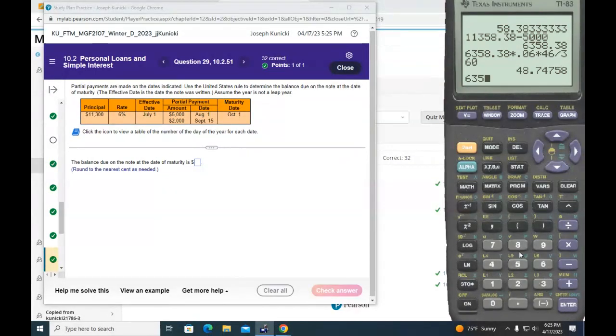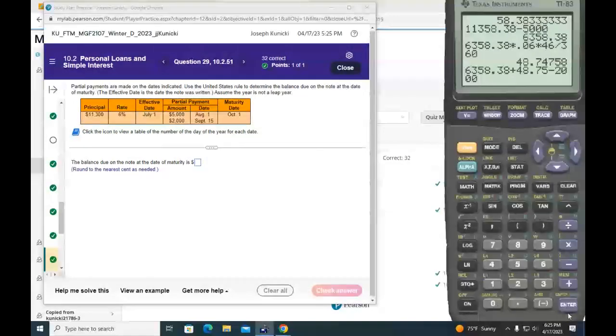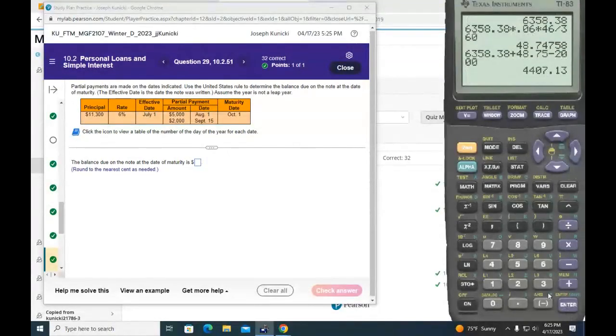So I take the 6358.38 and I add the 48.75 and I subtract the second partial, which is 2,000. So my last principal is 4407.13 times 6% times the last one was 15 days.